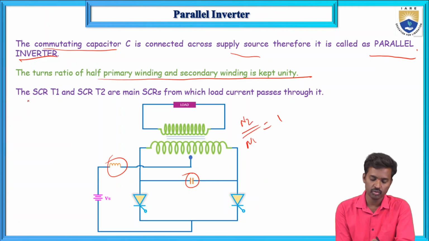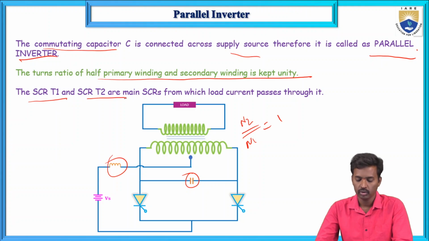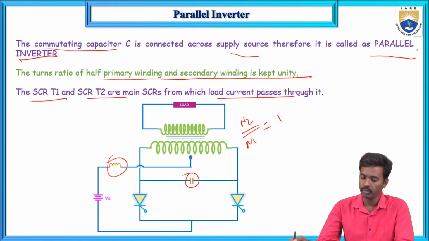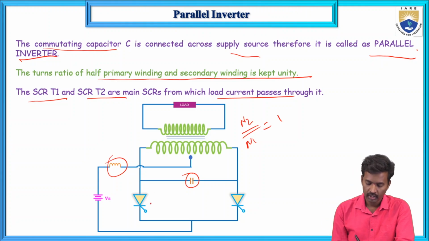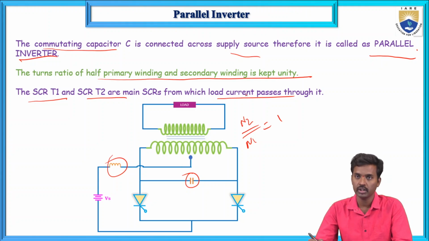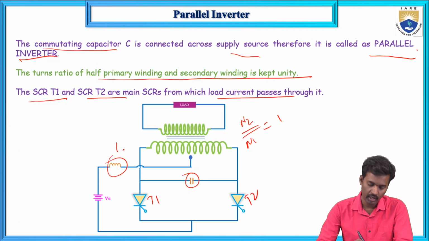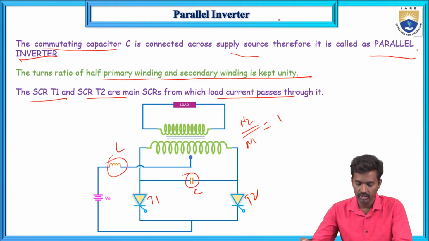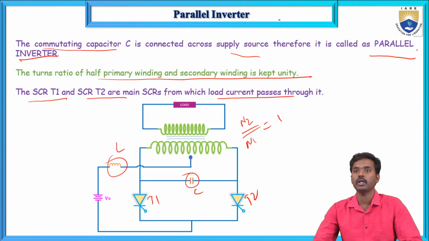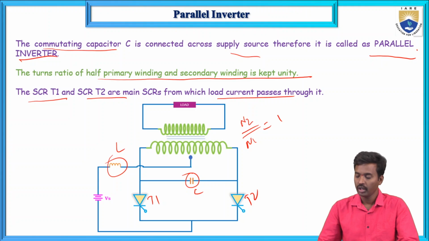T1 and T2 are the two main thyristors through which the load current passes. This is a class C commutation circuit with T1, T2, L and C. When T1 is turned on, T2 will be turned off, and in the complementary fashion, when T2 is turned on, T1 will be turned off.